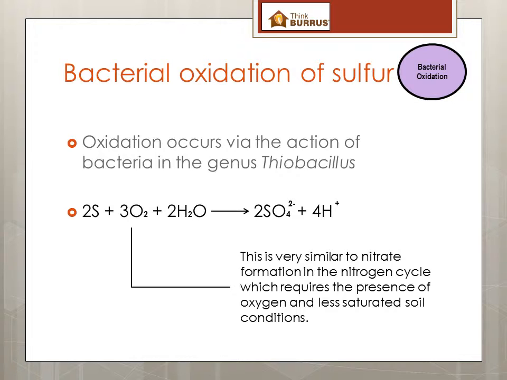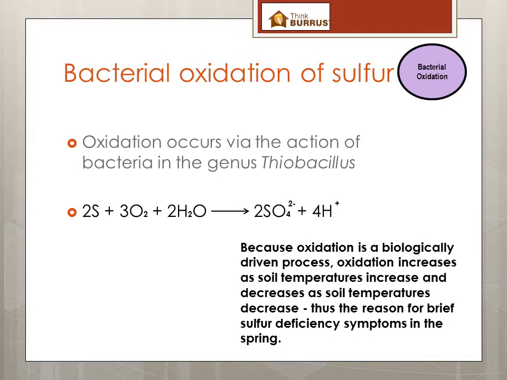And so here again, we have a real similarity between the sulfur cycle and the nitrogen cycle. The point I want to make here, though, is when we're talking about saturated conditions, kind of tying up sulfur, not getting it into that plant available form, we start to have part of the explanation for why we see that spring yellowing. This is another important piece to the puzzle, though.